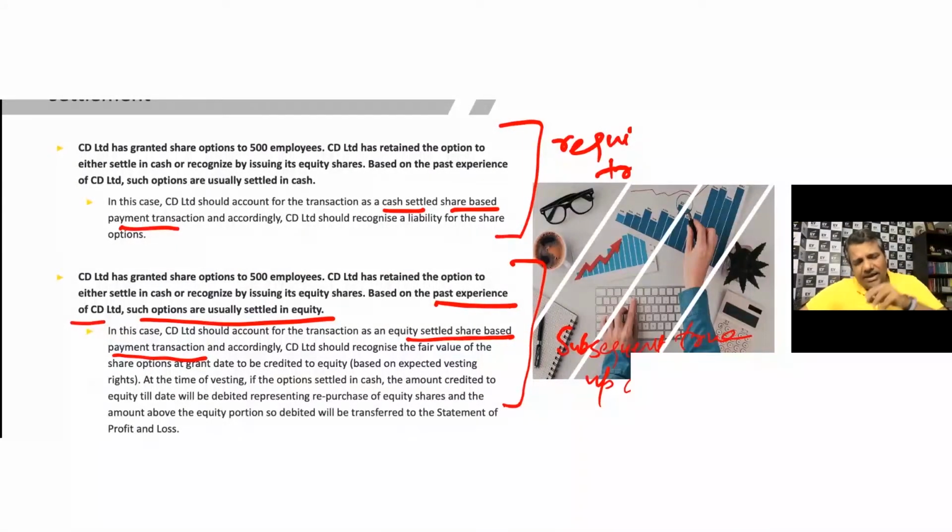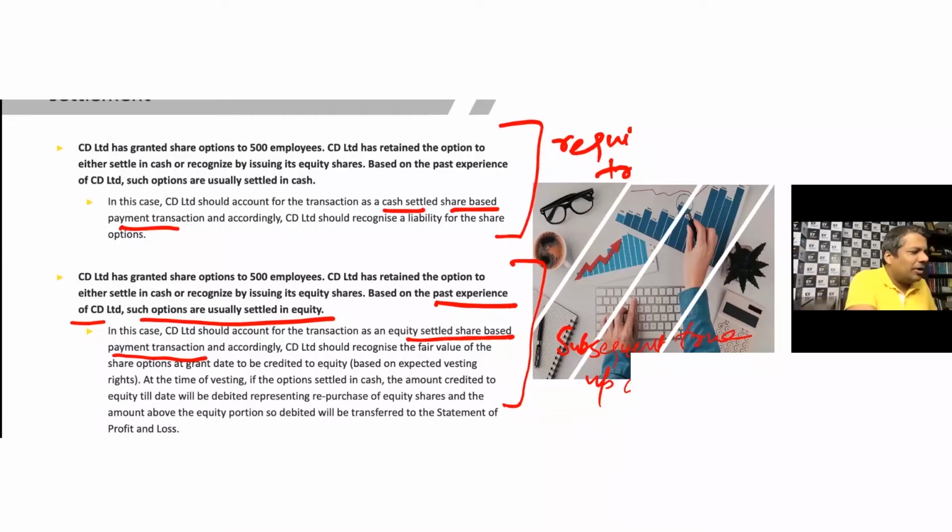That means your P&L is a lot more volatile and your balance sheet is a lot more volatile, because the share price keeps on changing. If you deal in the stock market, the stock price changes every day for a listed company. Similarly, for an unlisted company, the perceived value keeps on changing every day.